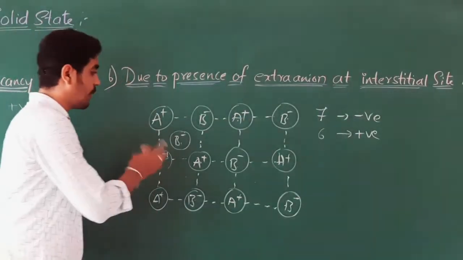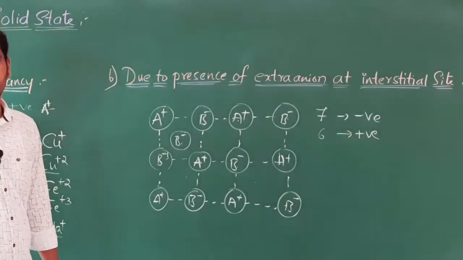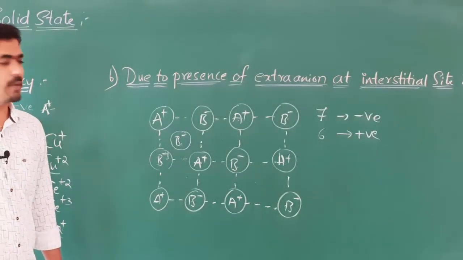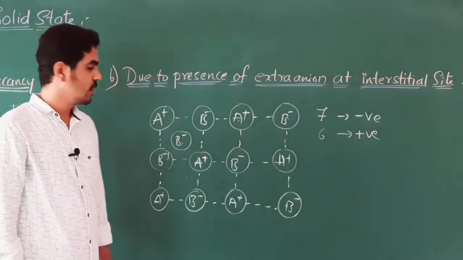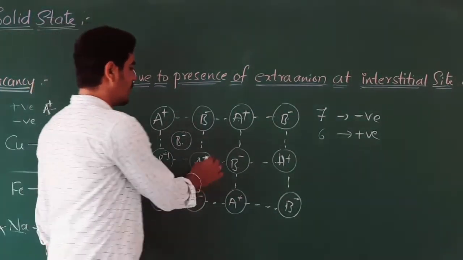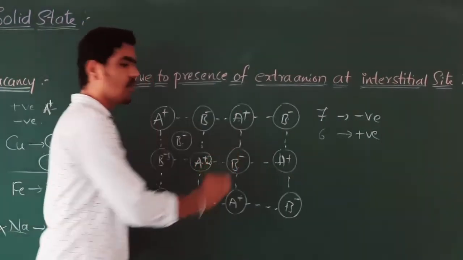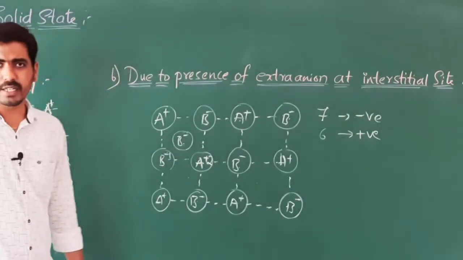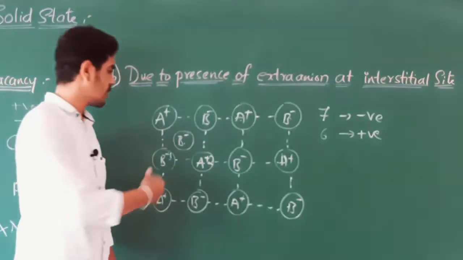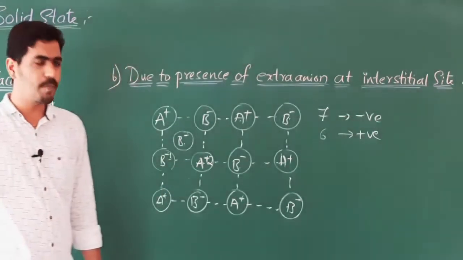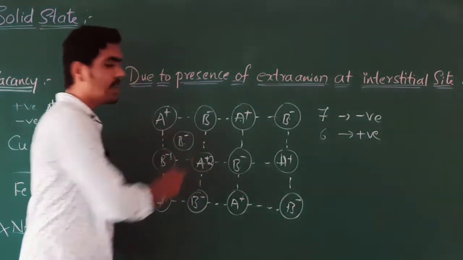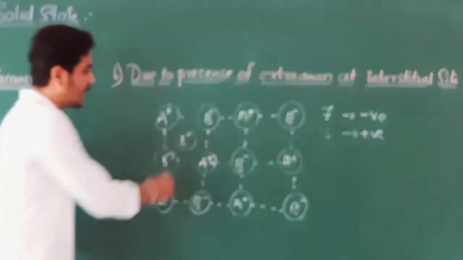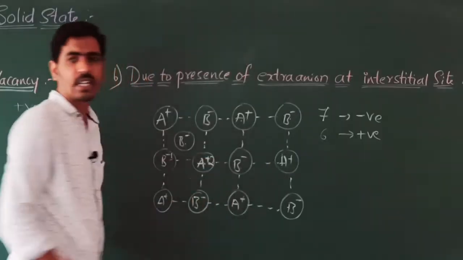Now it has to maintain the electrical neutrality. Electrical neutrality ಏನು ಮಾಡಬೇಕು? Maintain ಮಾಡಬೇಕು. So what does it do? Simply one of the cations gets 1 plus charge on it. Okay, so one extra positive charge will be obtained on the neighboring cation. 1 B minus ada, so ಒಂದು positive charge ಏನಾಗುತ್ತೆ?